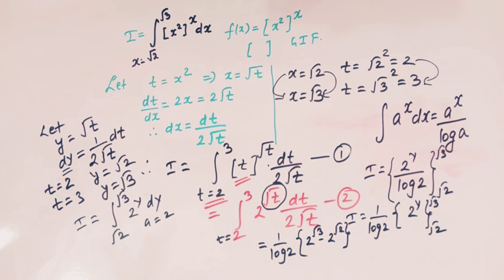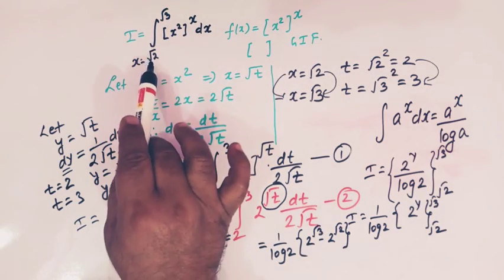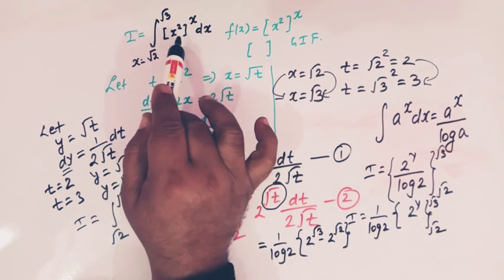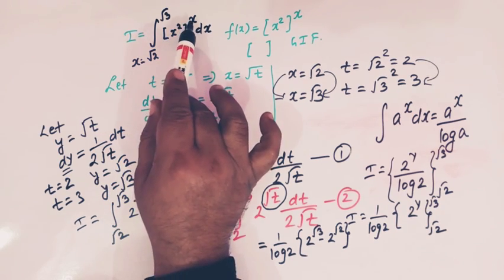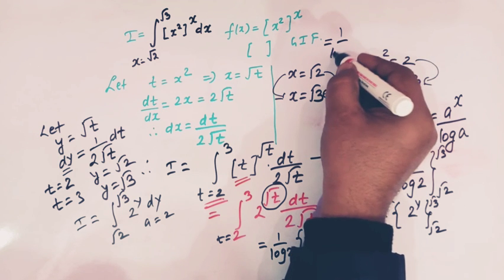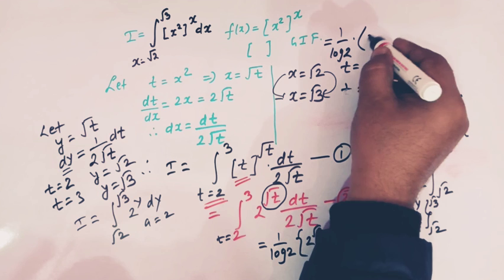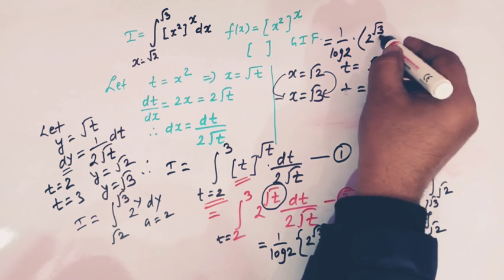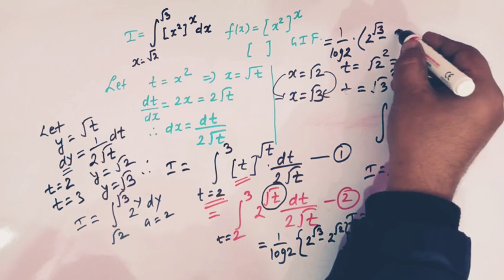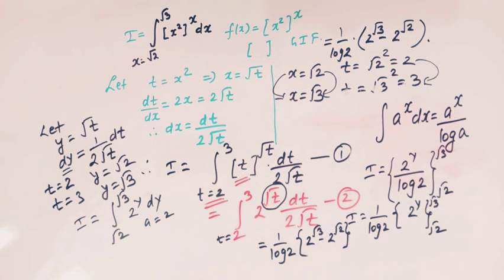So viewers, the value of this integral, from square root of 2 to square root of 3 of greatest integer x square raised to x dx, is equal to 1 over log of 2 times 2 raised to square root of 3 minus 2 raised to square root of 2. So this is how we solve this problem.